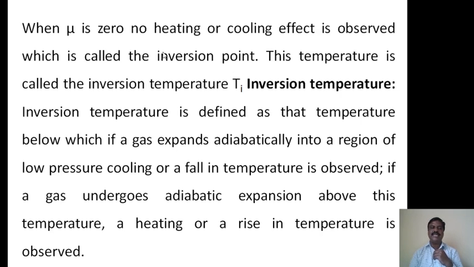Therefore, the process in which the Joule-Thomson coefficient is 0 shows no heating or cooling effect, and that point is called the inversion point. This temperature is called the inversion temperature.